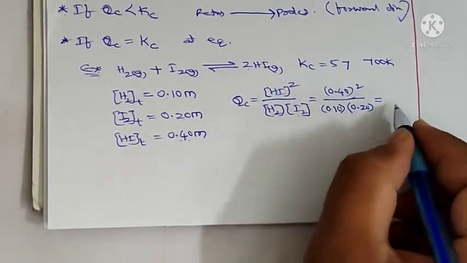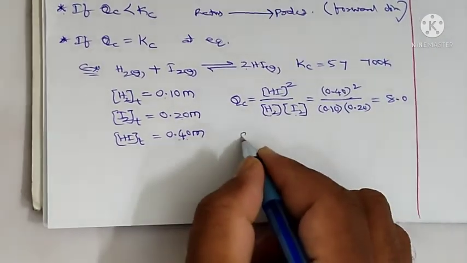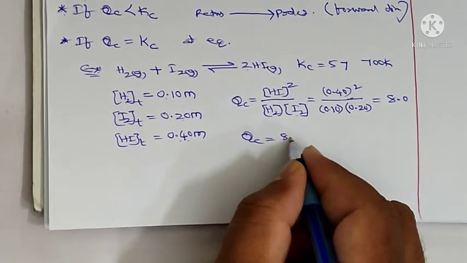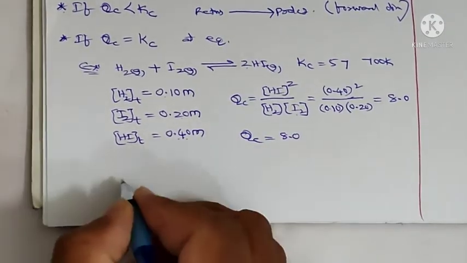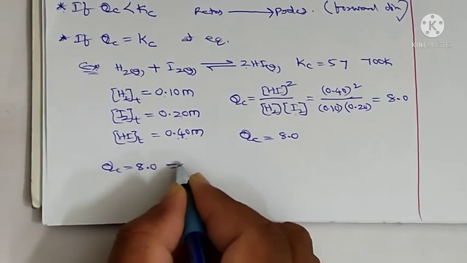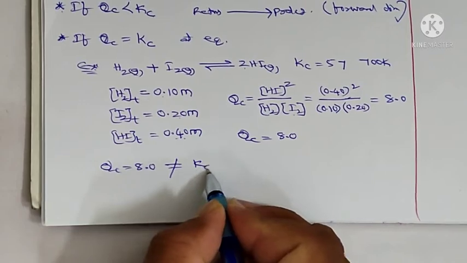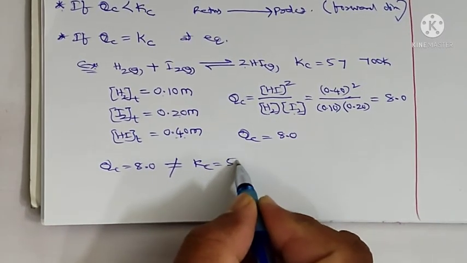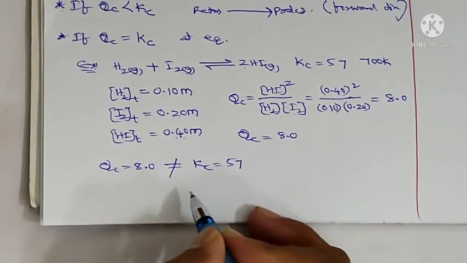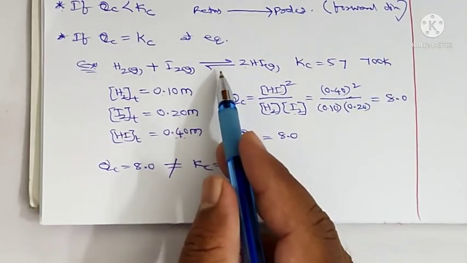If you do this calculation, we will get 8.0. So here Qc is equal to 8.0, which is not equal to the equilibrium constant Kc, 57. So the mixture is not at equilibrium.